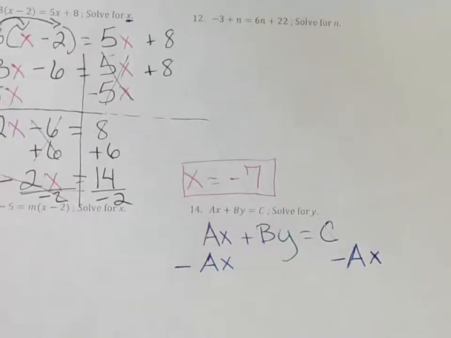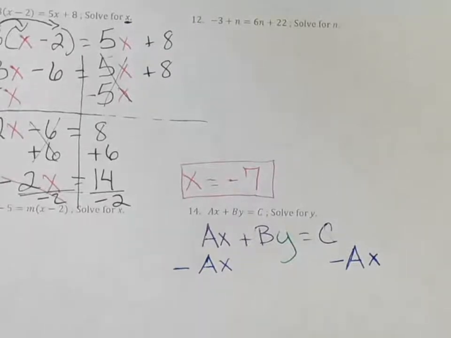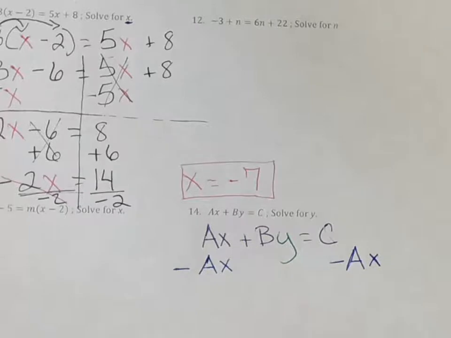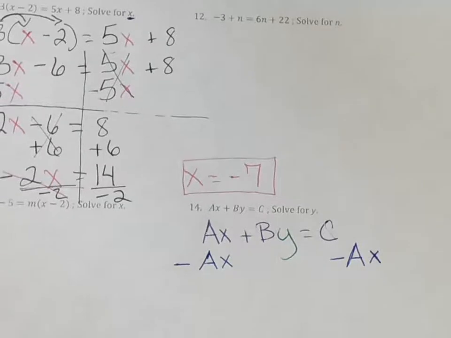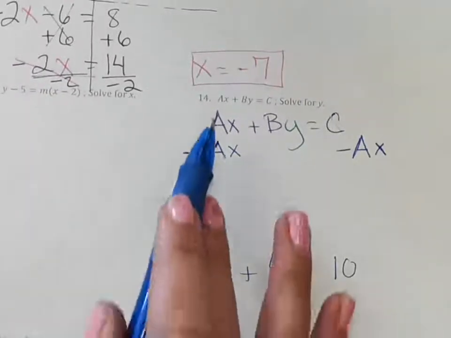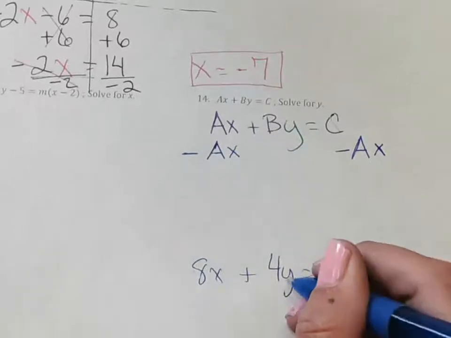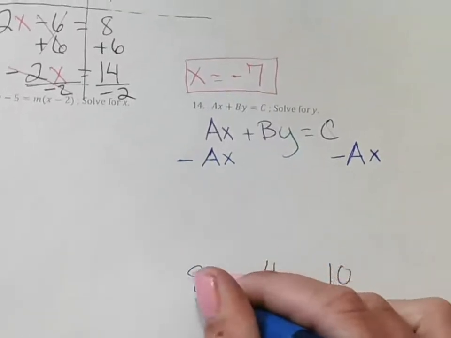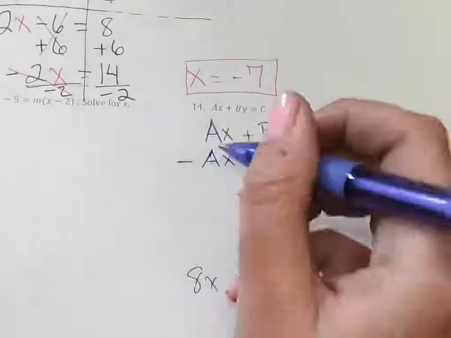If you want to replace the letters with numbers, it's like if I had 8x plus 4y equals 10. If you want to change your letters to numbers, if that helps you, that's fine. Because now I'll say, okay, I'm solving for y, so I want to get rid of 8x. So subtract it from both sides, which makes this go away.